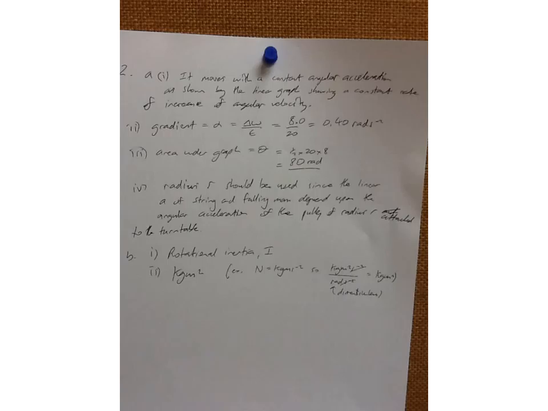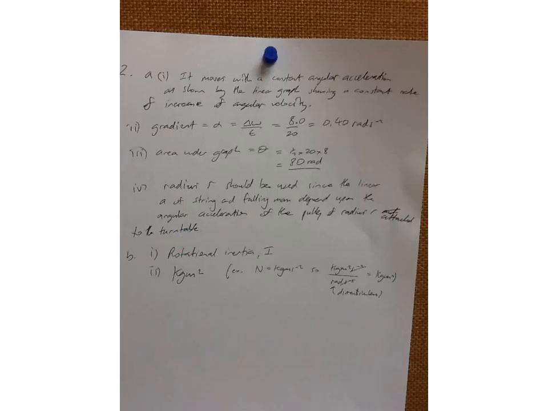Radius, okay, what is this one about? They're asking us which radius we should use, given the two pulleys. It's pretty obvious, I suppose, which one to use, but why? The radius R should be used since the linear acceleration of the string and falling mass depend upon the angular acceleration of the pulley of radius R, which is attached to the turntable.